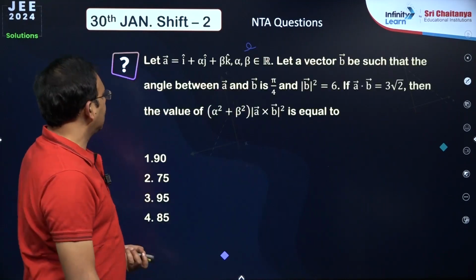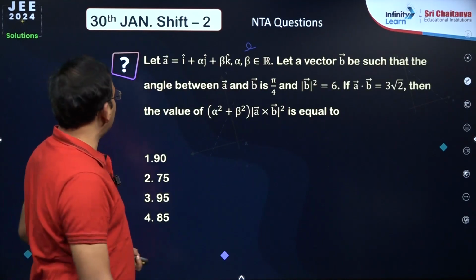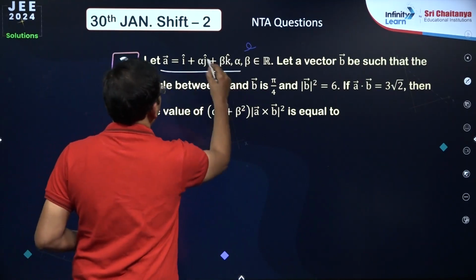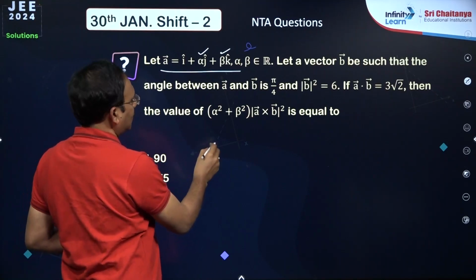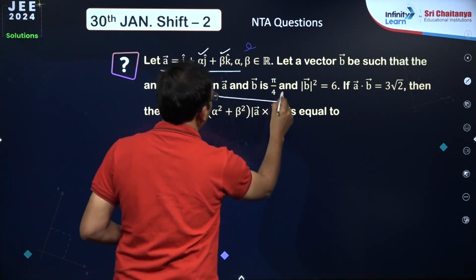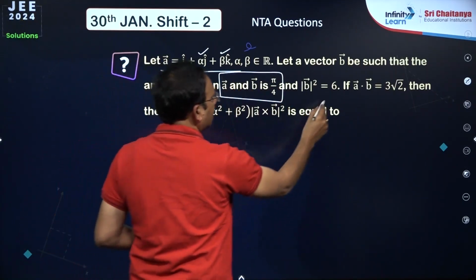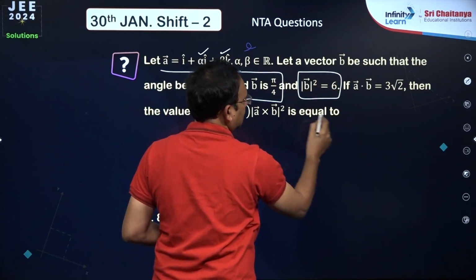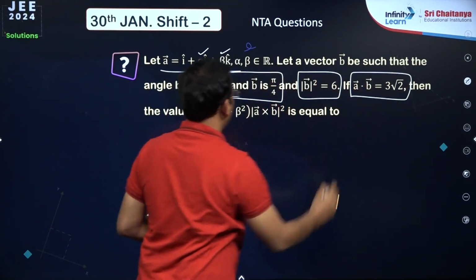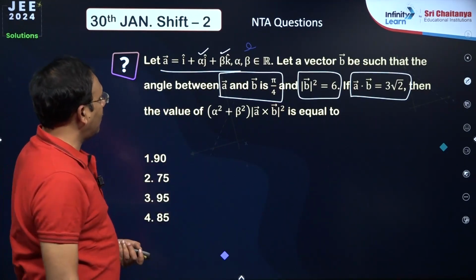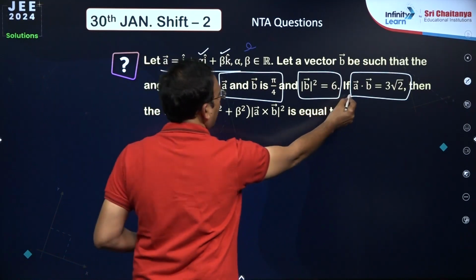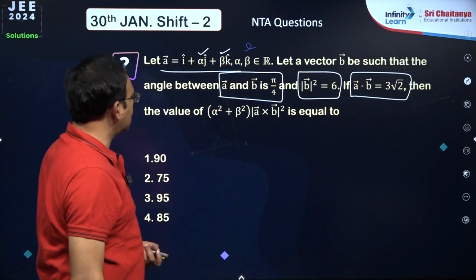answer. That's it. The next question, dear students, here you see a bar vector is given where alpha, beta are the unknowns. b bar is another vector such that the angle between a bar, b bar is pi by 4. Magnitude of b bar square is 6. The dot product is also given. Then we have to find its value, my dear friends. So first of all, from this what can you say? a bar dot b bar is 3 by 2 is given.